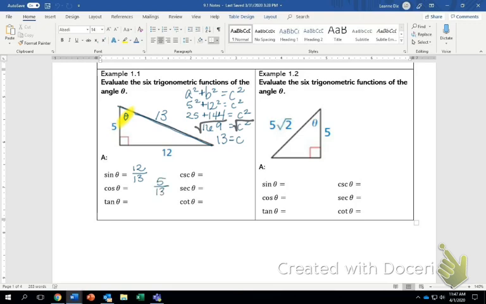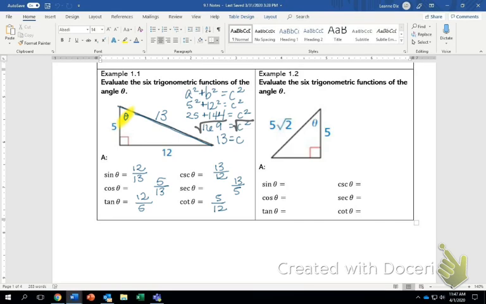And then tangent is opposite, which we said was 12, over adjacent, which is 5. And then again, our other trig ratios are just the reciprocals of this. So my cosecant is going to be 13 over 12, and our secant is going to be 13 over 5, and our cotangent is going to be 5 over 12.